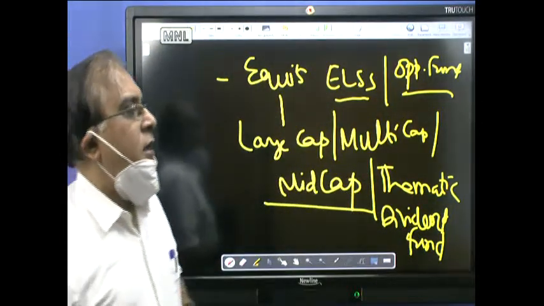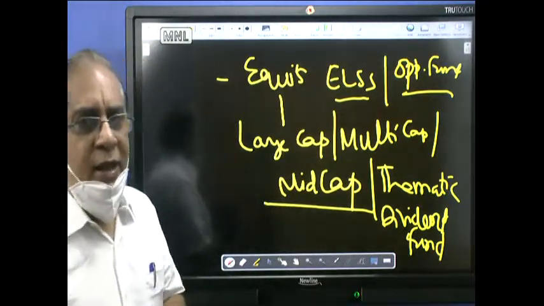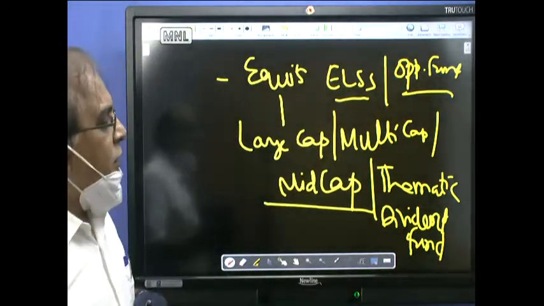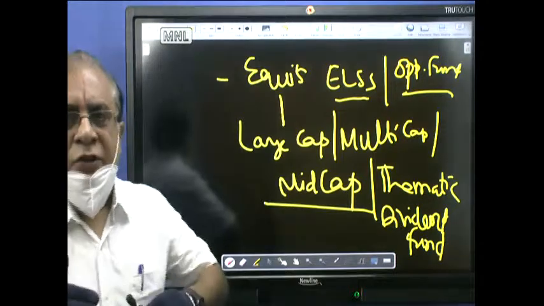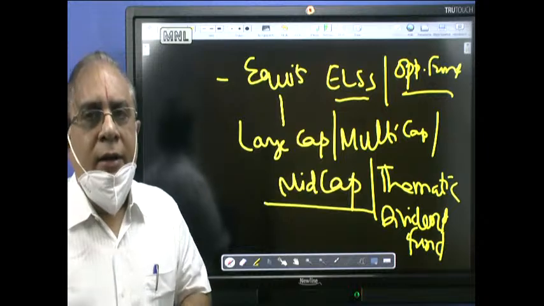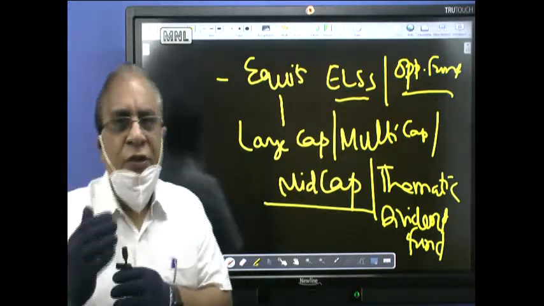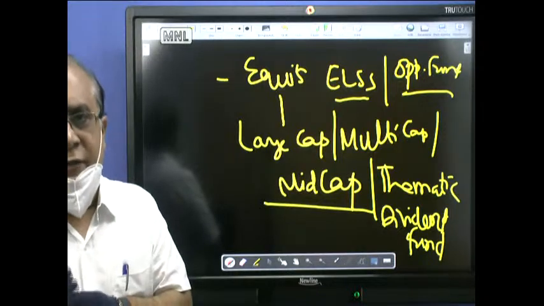Now, if you look at mutual funds, generally they try to beat the index return. The next level of risk, from the index fund, is what is normally taken. The exchange traded index fund is the least risky among equity funds.